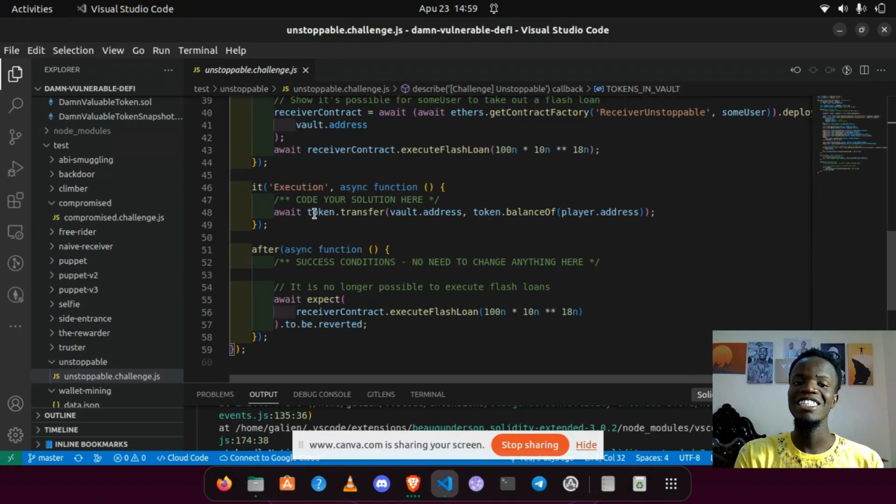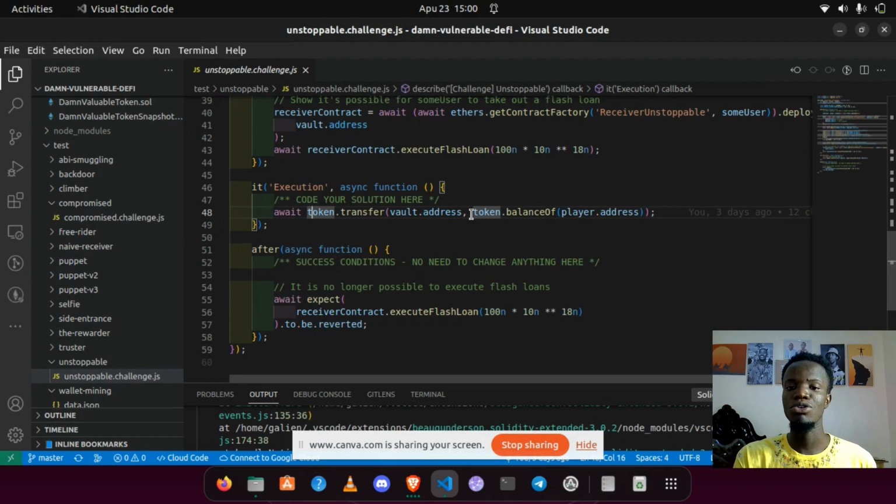It's just by sending tokens directly to the vault contract, which updates the balance. It's now no more 1 million DVT, it's 1 million 10 DVT. And when you compare 1 million 10 DVT to 1 million DVT, that's going to break the contract.